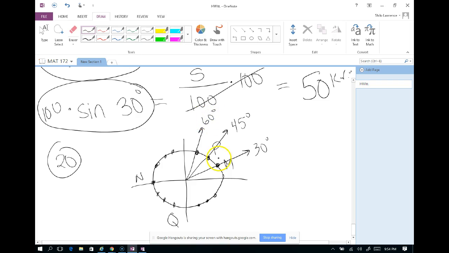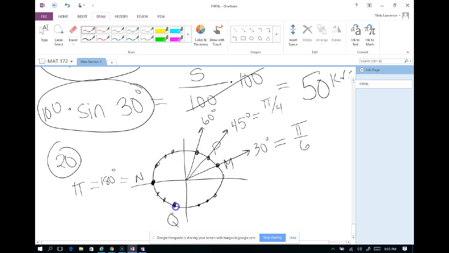So on the unit circle, the one that's completely filled out on our Moodle page, I believe back in week 3, might be in 3 or 4, we want to know what the radian equivalent for this is. For 30, it says pi over 6. For 45, it says pi over 4. Over here on the negative x-axis is 180, and the radian equivalent is pi.